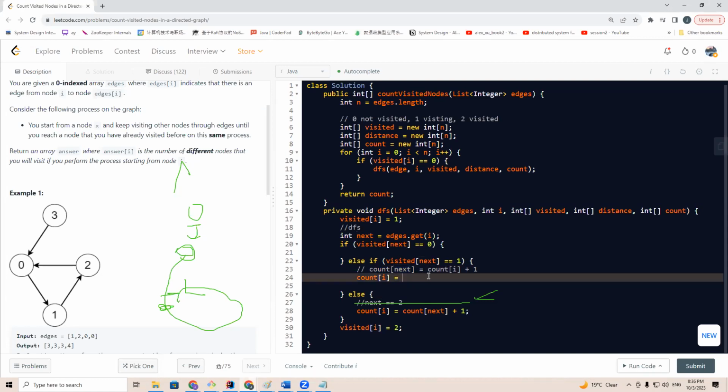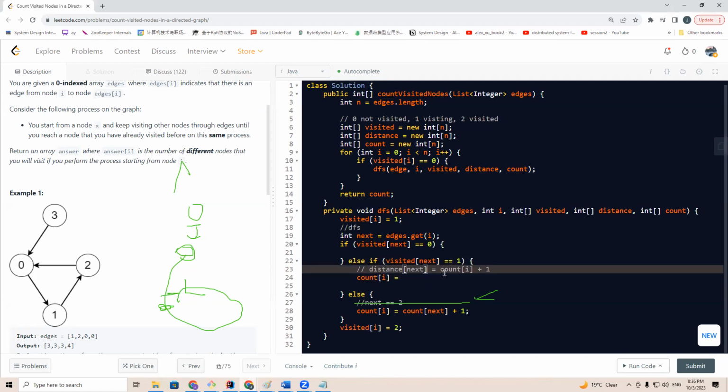So we'll see the actual steps we visited. Sorry, I mean distance. Distance next will be distance I plus 1, right? So if there is no circle, we should have this equation.